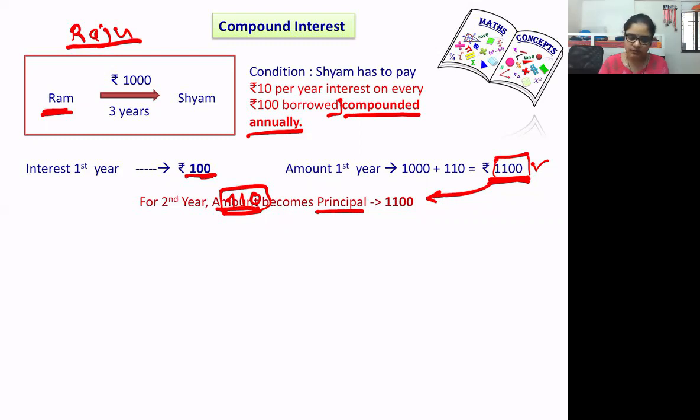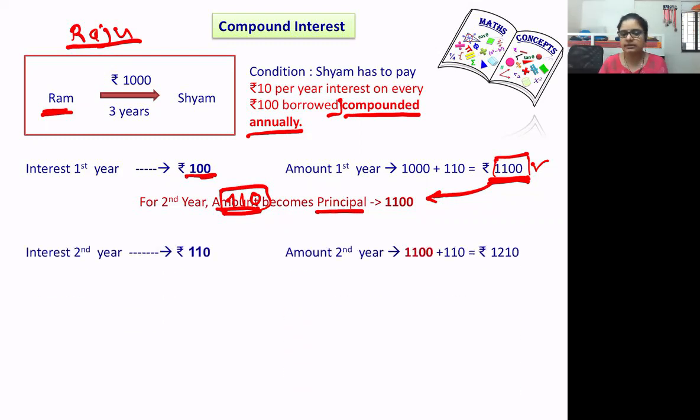So the second year interest that Sham will have to pay is 110 rupees. Now, how much amount does Sham need to give to Ram? Earlier 1100, plus this interest of 110 rupees, so it is 1,210 rupees.